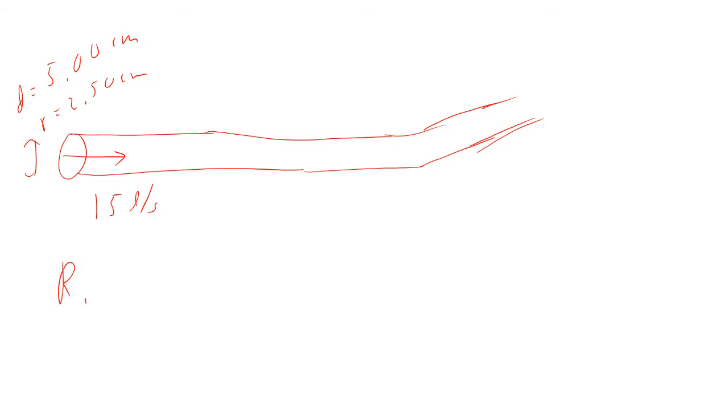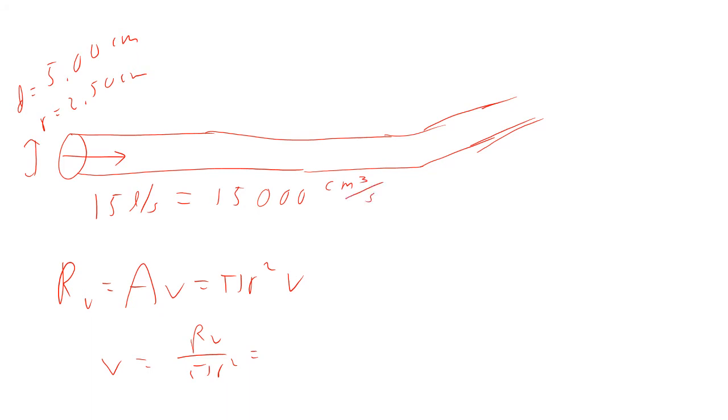Well, we know that RV is going to be A times velocity, so that's pi r squared times velocity. So velocity will be RV over pi r squared. 15 liters per second is the same as 15,000 cubic centimeters per second.